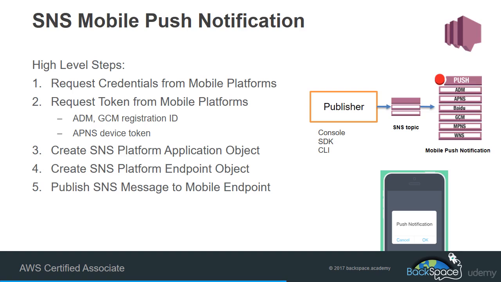So with ADM or Google, you get a registration ID, and from Apple you will get a device token. From there you can create an SNS platform application object, and then you create an SNS platform endpoint object, and then you publish SNS messages to the mobile endpoint.